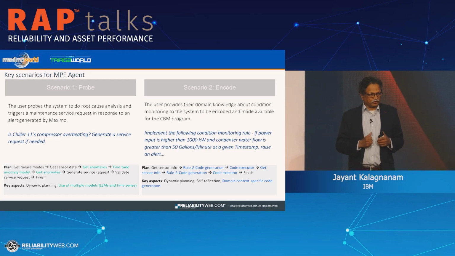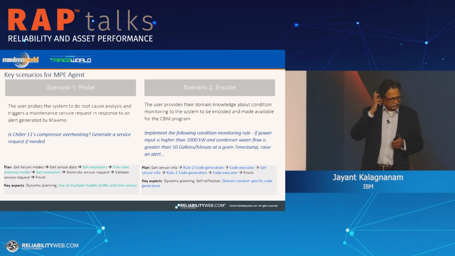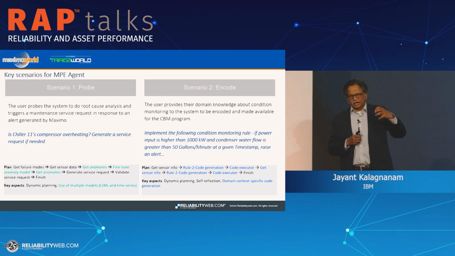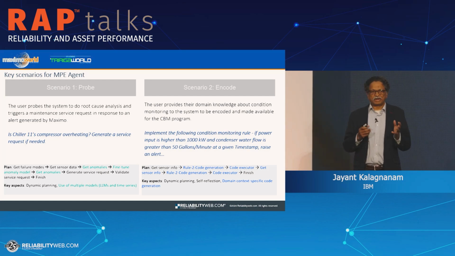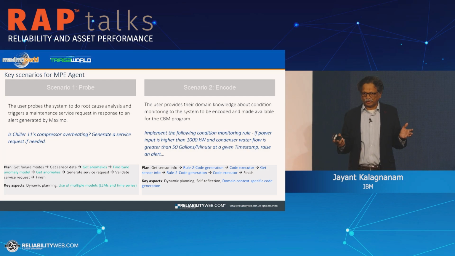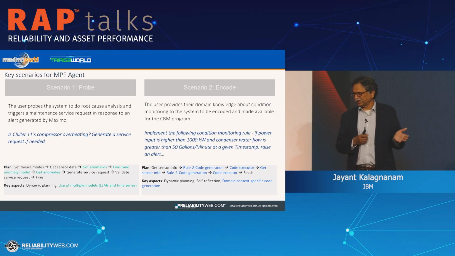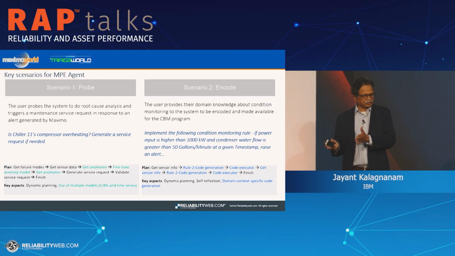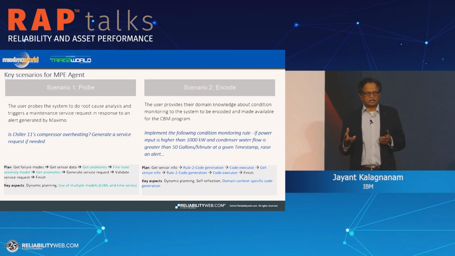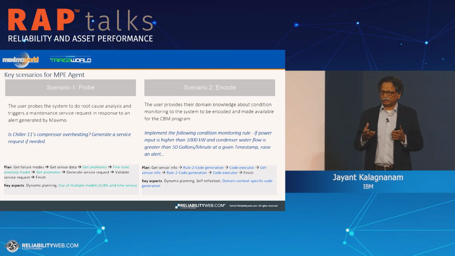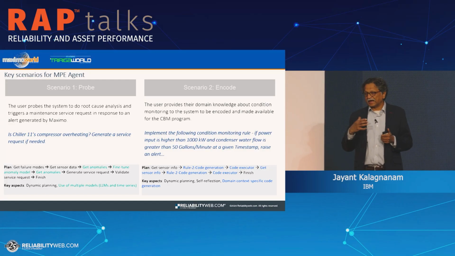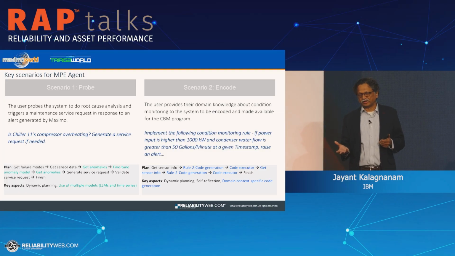So this requires root cause analysis in response to this. What I'll show you is how the agent actually plans out multiple steps in order to figure out, to validate if there's a problem and which failure mode it corresponds to. And then based on that, go ahead and do the analysis to validate whether something is wrong, and then generate a work order.